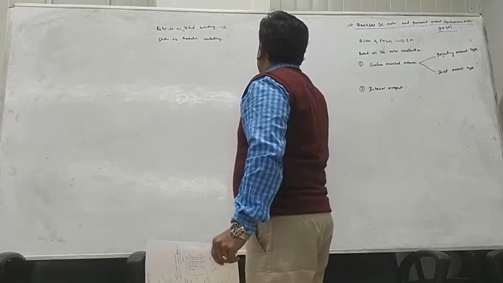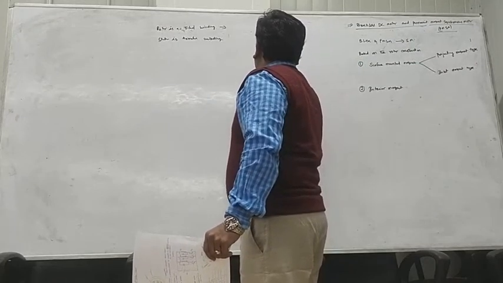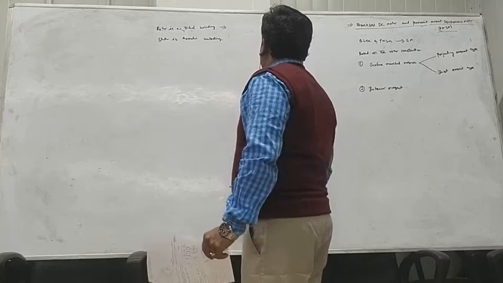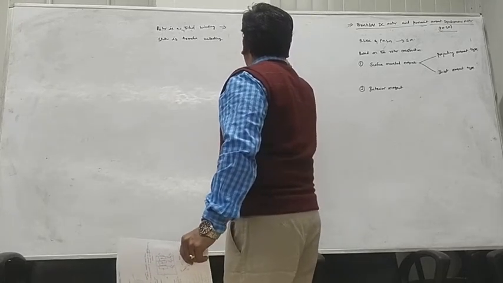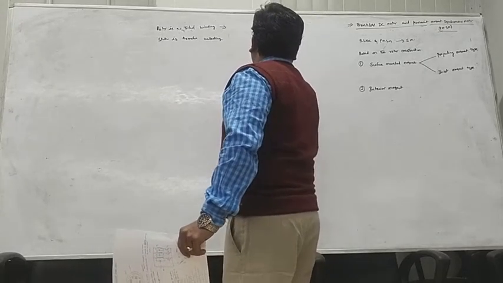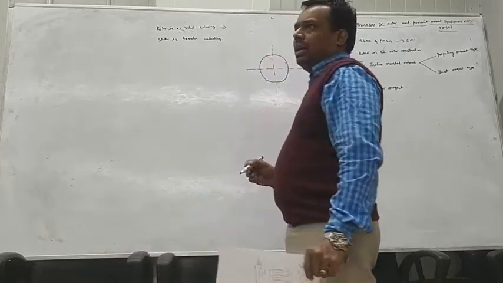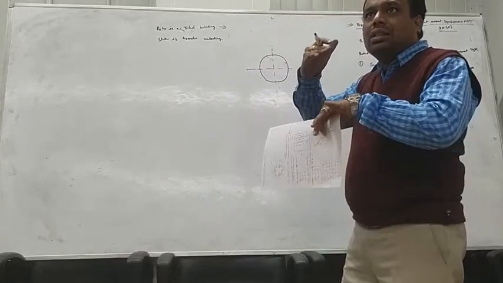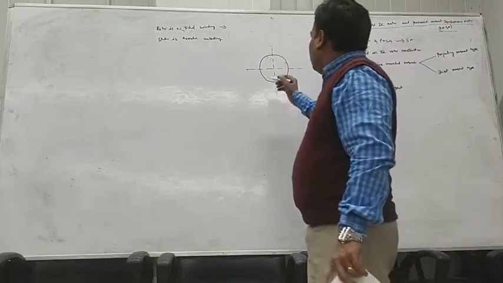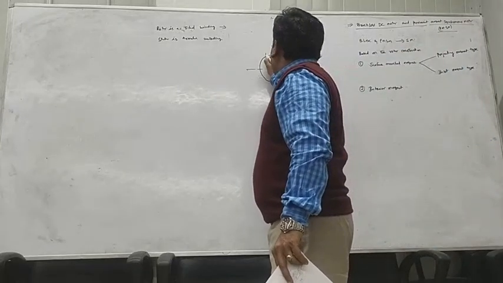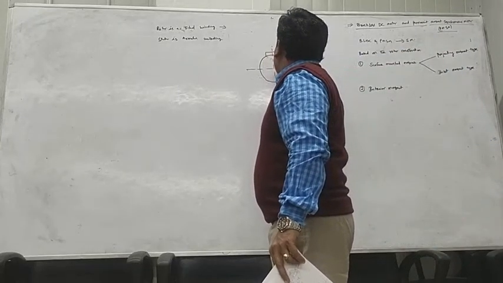So this is a rotor. Permanent magnets are attached on the surface of the rotor. This is the surface of the rotor, and here we are attaching the permanent magnets.